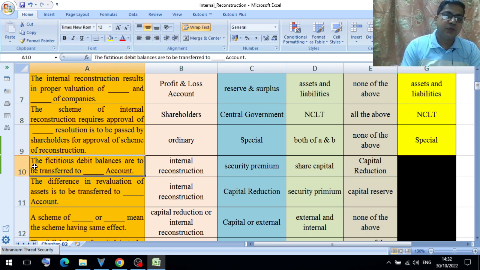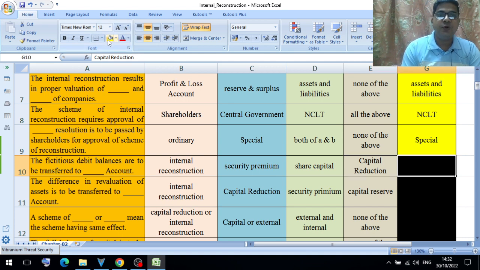Next question. The fictitious debit balances are to be transferred to dash account. Option A, internal reconstruction. Option B, securities premium. Option C, share capital. Option D, capital reduction.